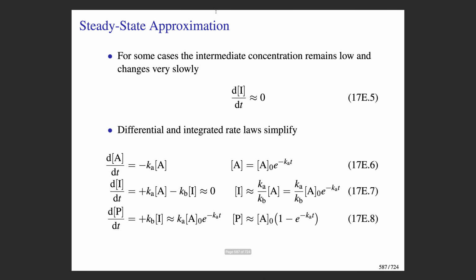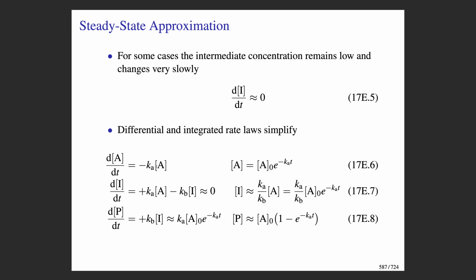It's valid when the intermediate concentration is small and does not change very quickly, that is, when it changes slowly. Under those conditions, you can approximate the time dependence of the intermediate's concentration as being just 0. And as you can see down below, that simplifies the equations.